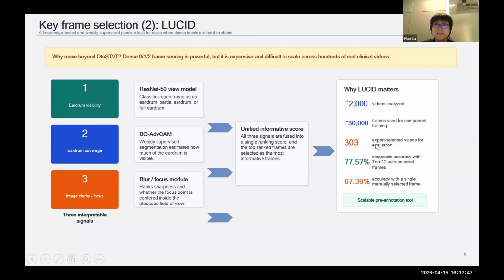The expert selects the best frame to do the diagnosis, and that performance is only 0.3%. As I mentioned, a very well-trained ENT expert can only get about 75% accuracy. So our model is kind of comparable with a well-trained ENT expert in this case, currently in this stage.